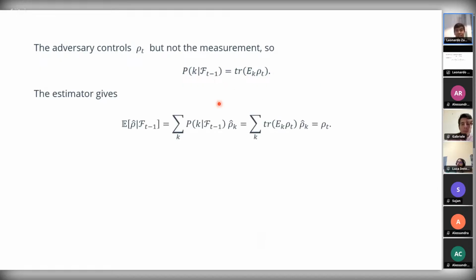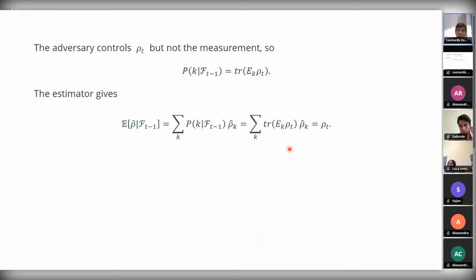Okay, so because of this, the single shot estimator we have is conditionally unbiased. We call this conditionally unbiased. So if we calculate the conditional expectation, the expectation of the single shot estimator given all the previous history, the dependency on the history of these probabilities only enters through the quantum state, right?